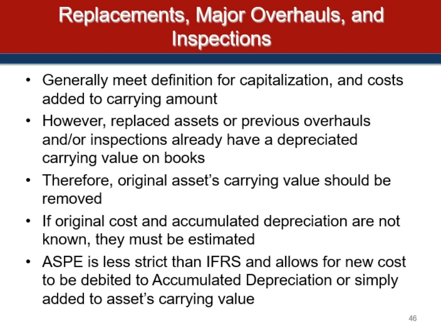Replacements, for example, are substitutions of one asset for another. Improvements substitute a better asset for the one currently used, whereas a replacement substitutes a similar asset. Major overhauls and inspections are similar to replacements in that they recur and are often needed to permit continued use of an asset. So would the cost be capitalized or expensed is the issue that we're dealing with here.